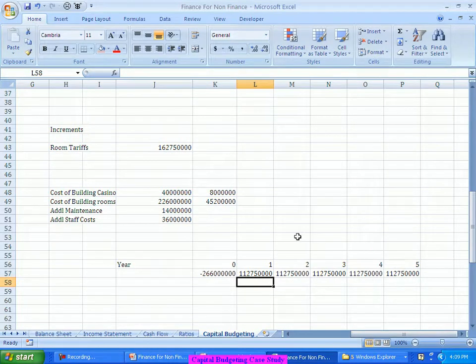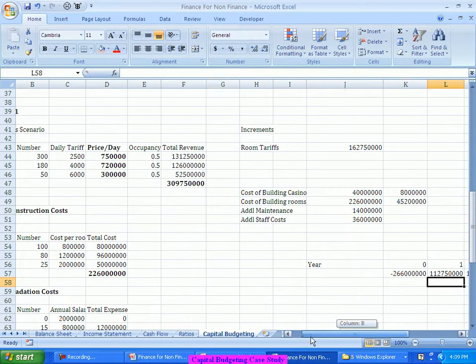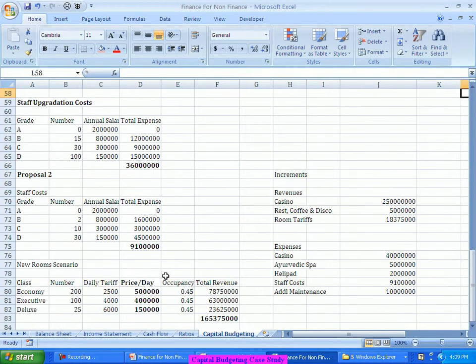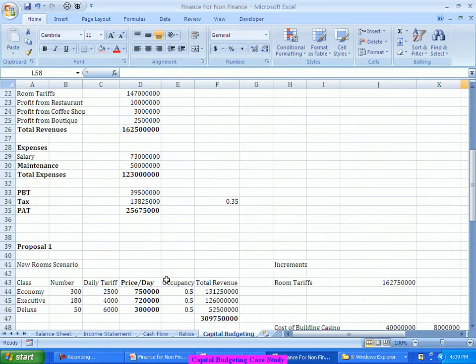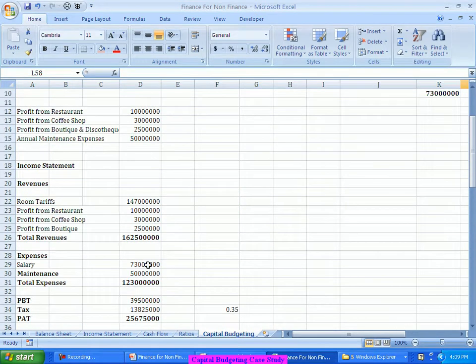Now here, if there is a tax that I have to pay, that tax has to be removed. What is the tax? Tax is computed on PBT. For the PBT, probably the same process I have to follow. Whatever is the PBT process that is followed here, I ignore all the existing ones. I will look at only the new ones.